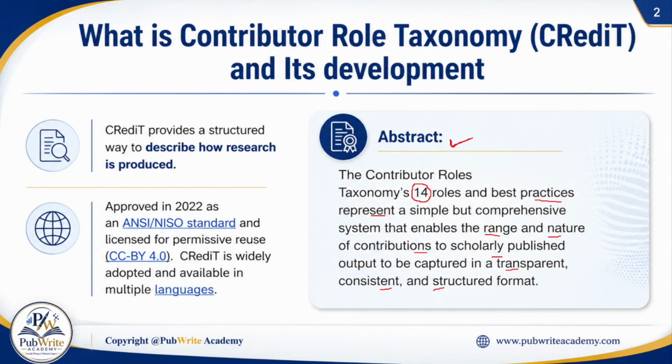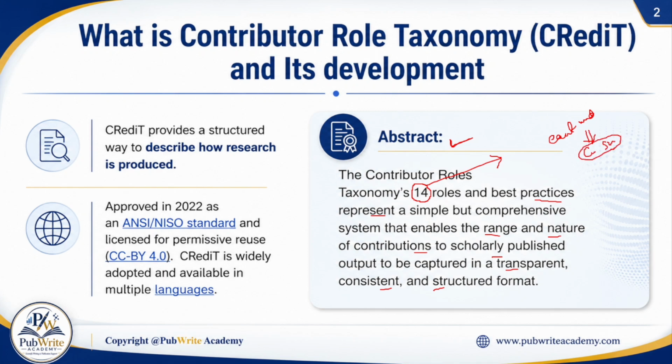We are going to discuss the meaning of these exact terminologies. It contains 14 roles, and the reason for these 14 is to represent each and every contribution made by the authors in a transparent, consistent, and structured format.